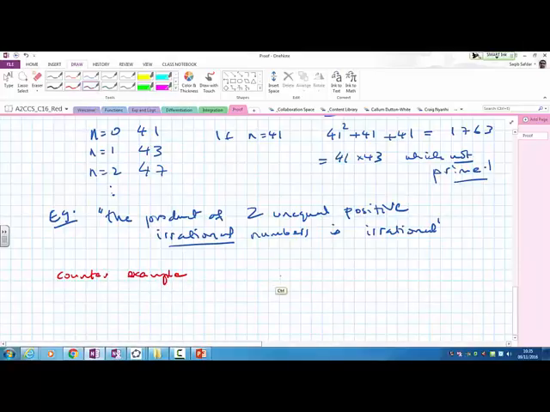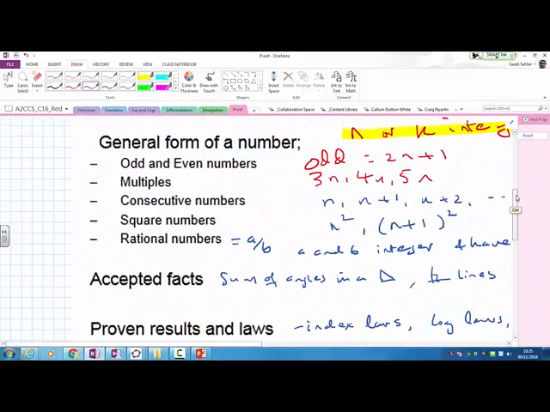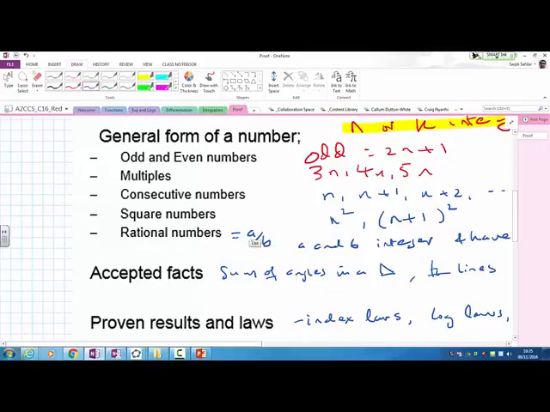So all we need is two unequal positive irrational numbers. Let's take square root of 2 and square root of 8. They're both different. If you go back to the definition, a rational number can be written as a fraction where a and b are integers and have no common factor.